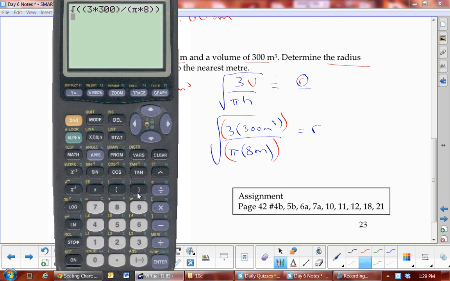Okay? So if you look, now it's the top divided by the bottom, and this is all square rooted.